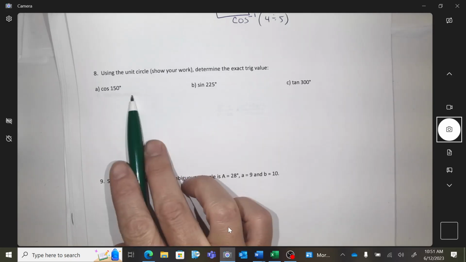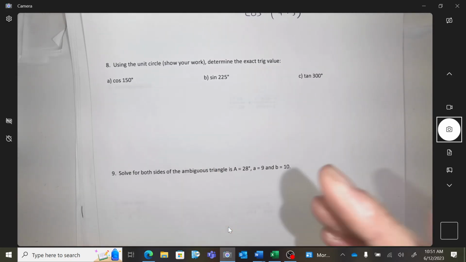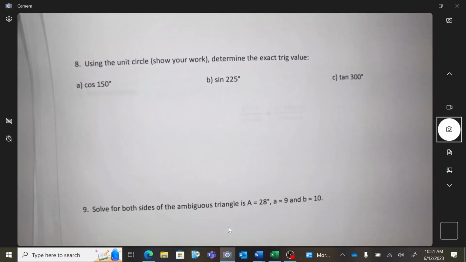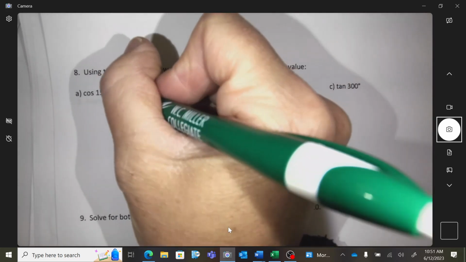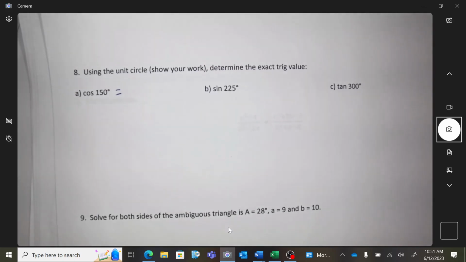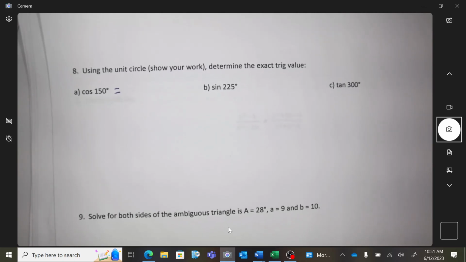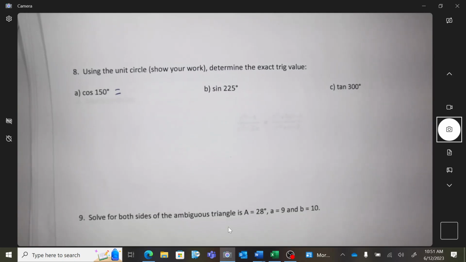Determine the trig value for cos of 150. Okay, so the formula sheet.